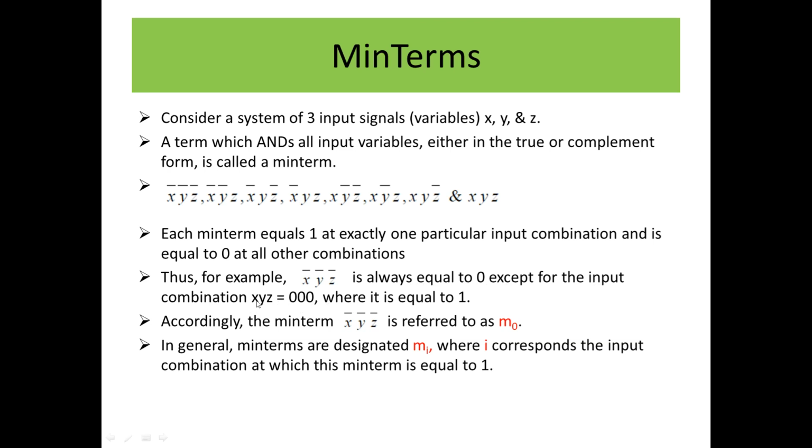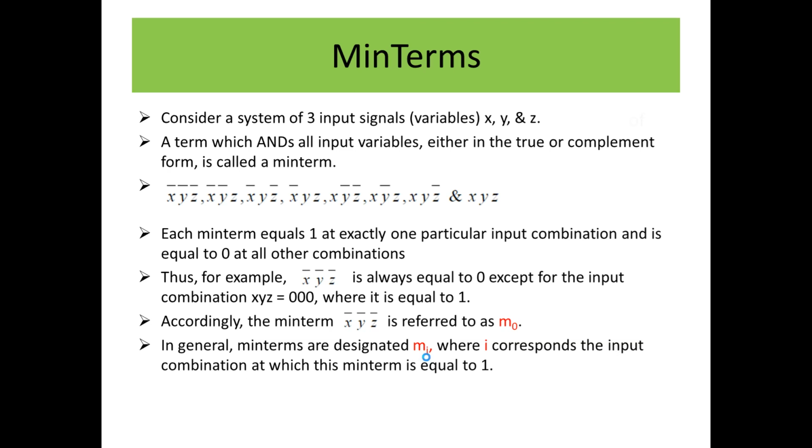If the variables x, y, z have input value 0, 0, 0, then x bar, y bar, z bar will be equal to 1. Accordingly, the minterm x bar, y bar, z bar is referred to as m0. In general, minterms are designated mi, where i corresponds to the input combination. So m0, m1, m2 up till m7 if the system is having three input variables.